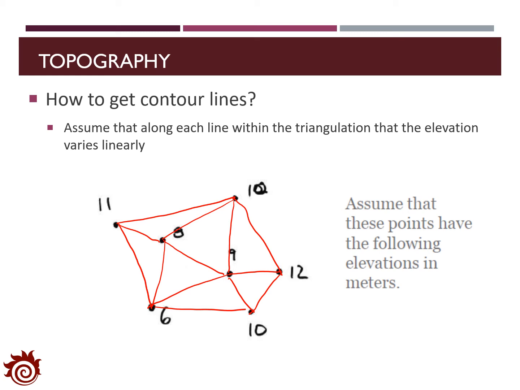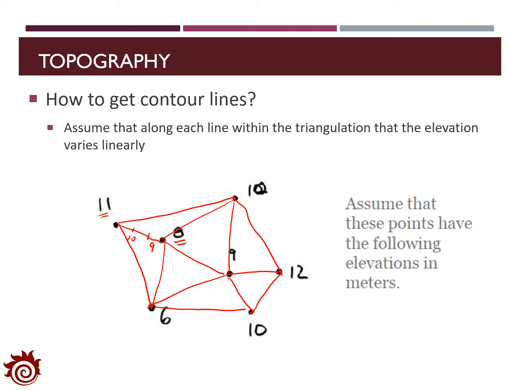Here we assume that along each line of the triangulation, the elevation varies linearly. For example, we have the elevation as 8 at this point and 11 at this point. Then we can divide this one into 3 equal segments. We will identify the elevation at this point as 9, and this would be 10.